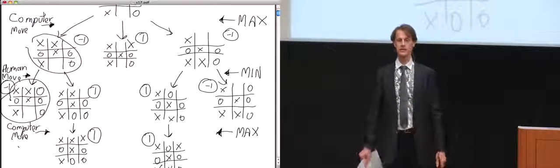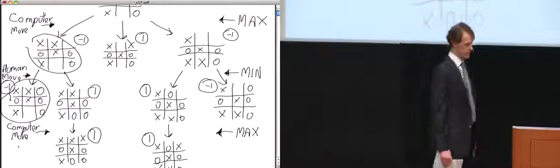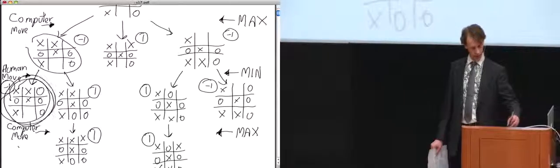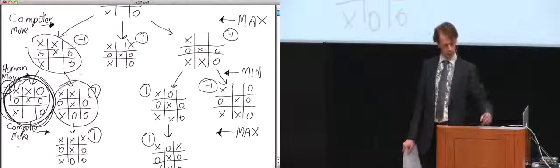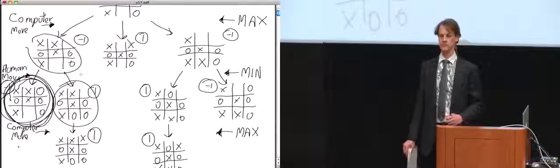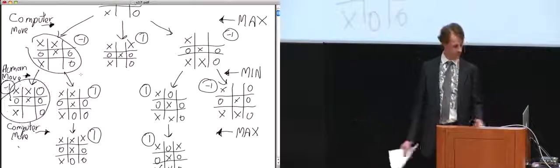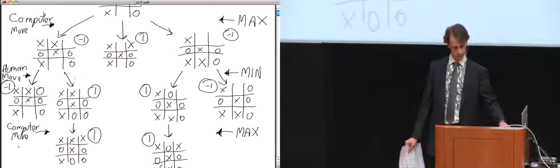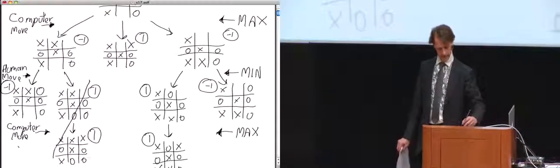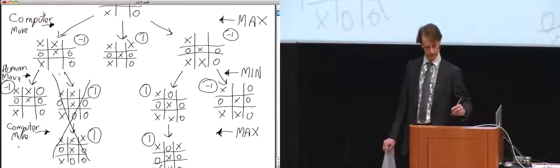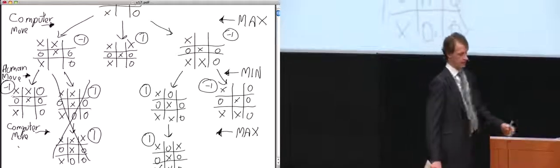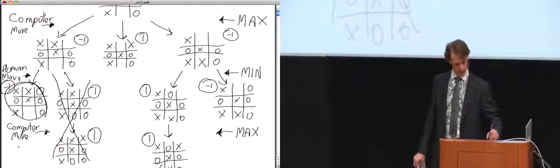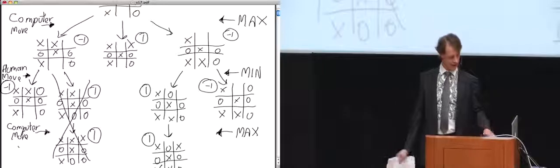So that means -1 or smaller. And you can't go smaller than -1. You already know, hey, this is a winning move for the human. There's no point in looking at this move at all, because you can't do better than winning. So that means that if you do simple pruning, you can just skip this. You don't have to compute scores for either of those two grids at all. You can just say, the human is going to pick this move, and that's that. We're done.